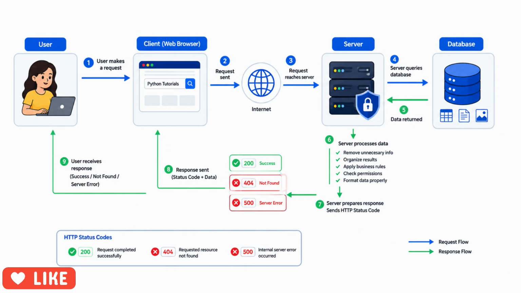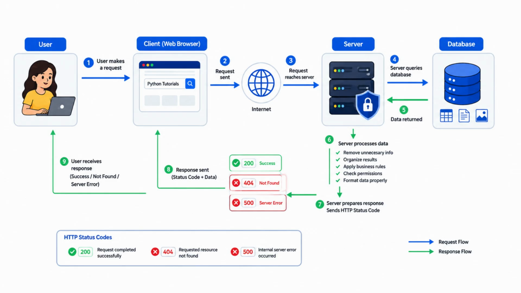Along with that response, it also sends an HTTP status code. Okay, the status code tells the client whether the request was successful. For example, we have some status codes like 200, 404, 500. The 200 represents that the request completed successfully, and the 404 status code means the requested resource was not found.